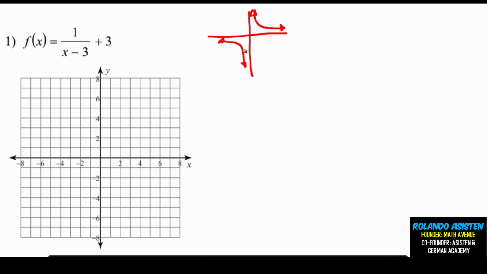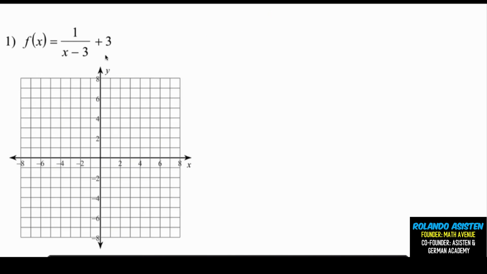So this one will move 1, 2, 3. So the vertical asymptote is at x equals 3 and the horizontal asymptote is at y equals 3. And the graph would be drawn somewhere here and somewhere here. So without actually getting into the specifics, we already have an idea that the graph would look like this because of our knowledge of transformation.